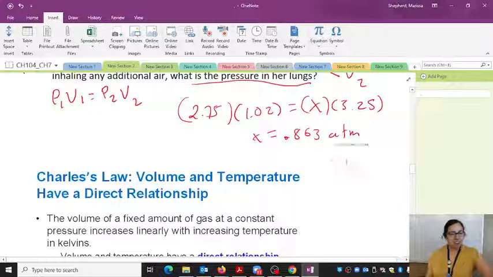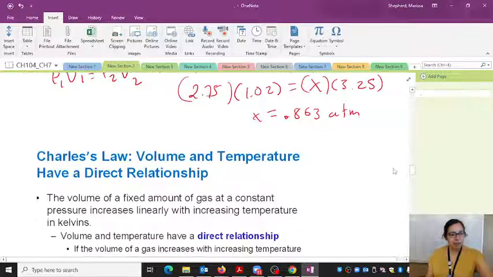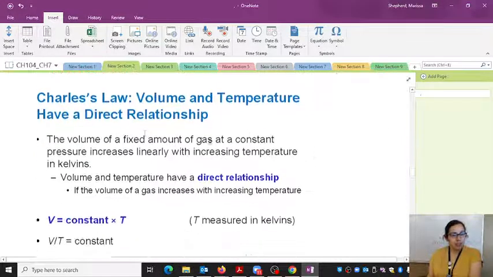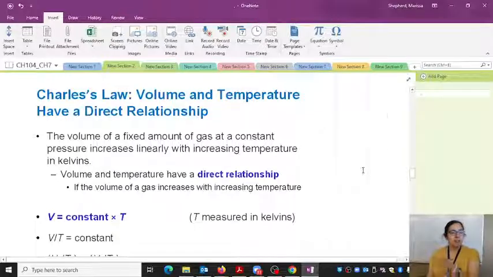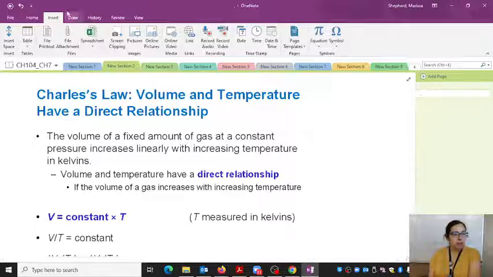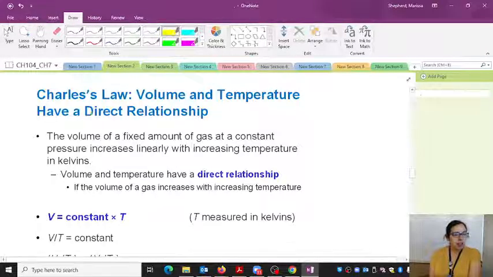All right, excellent job on the math there. So now let's look at our next relationship: volume and temperature. Now they have a direct relationship. The volume of a fixed amount of gas at a constant pressure increases linearly with increasing temperature in kelvins.